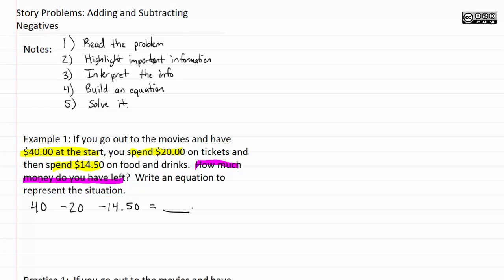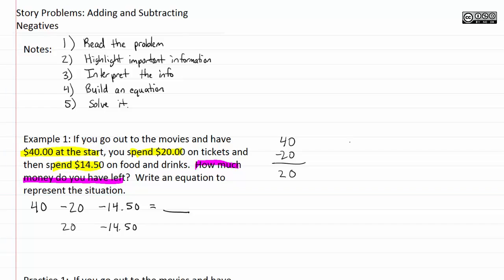Now I need to solve it. We just have subtraction to do, so we subtract from left to right. 40 take away 20. You might not need scratch paper for this, and that's okay. It's 20 bucks. So 40 minus 20 is $20, and I've got $20 minus $14.50.